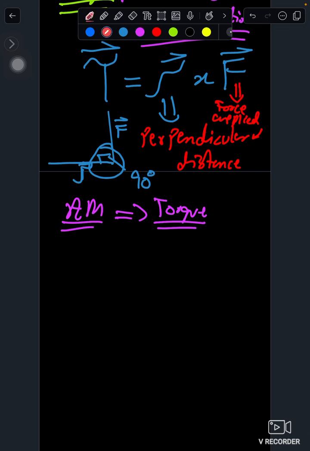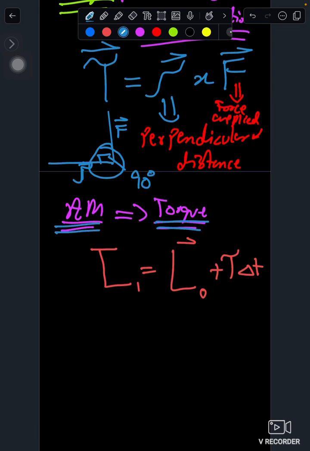Then here is one more equation. We just talked about how torque results in a change of angular momentum.